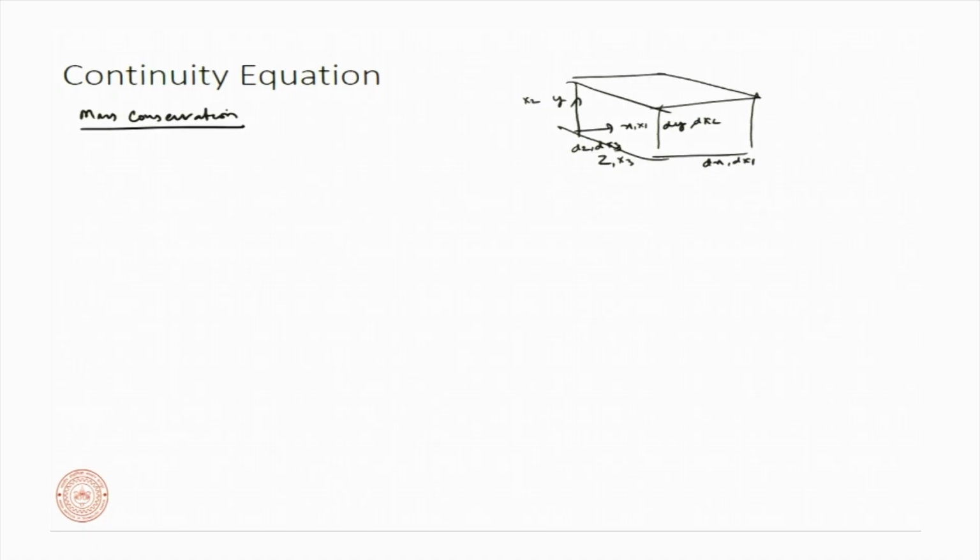Okay. So, say in this volume some mass is entering, say that this is rho u1 on this area, that is dx2, dx3, and some mass is leaving, say this is rho u1 plus del by del x1 of rho u1 along dx2, dx3. Okay. And likewise in the y direction and in the z direction.